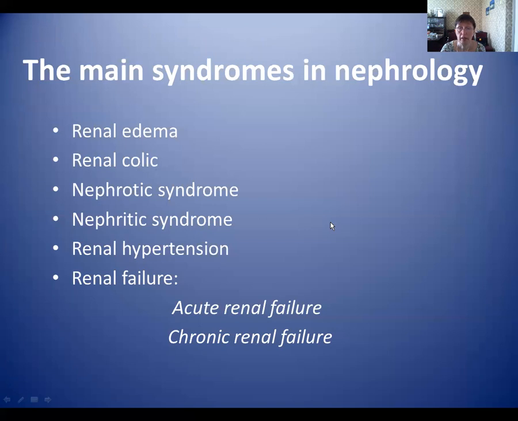So here is the list of the main syndromes in nephrology. It may be renal edema, renal colic, nephrotic syndrome, nephritic syndrome, renal hypertension, renal failure, acute or chronic.